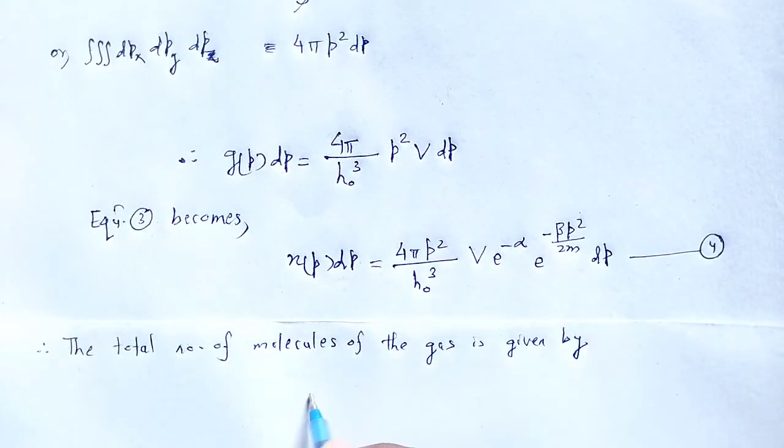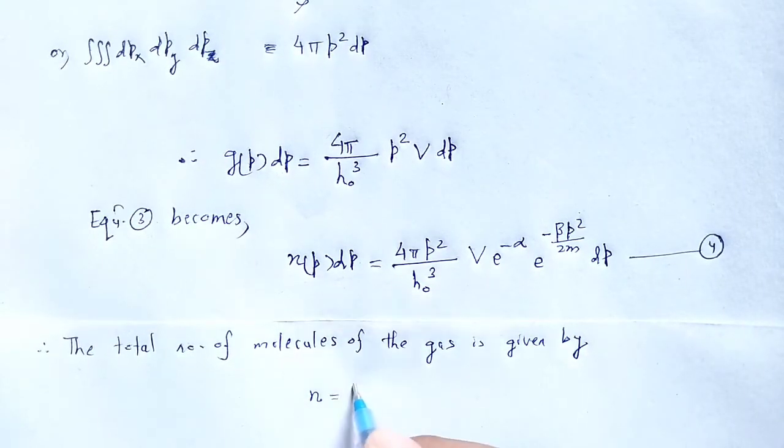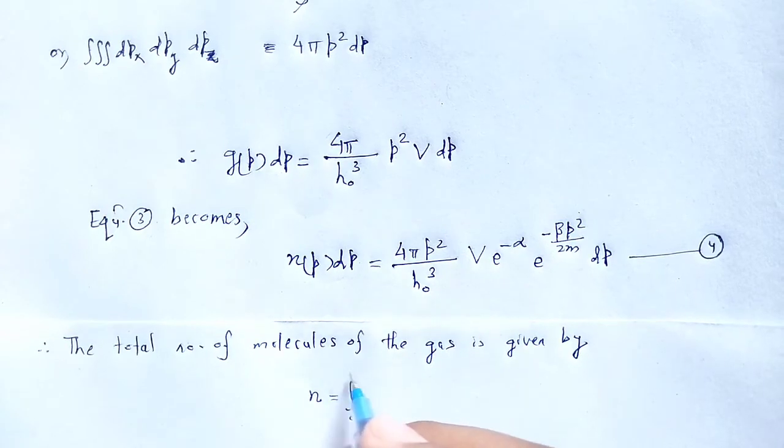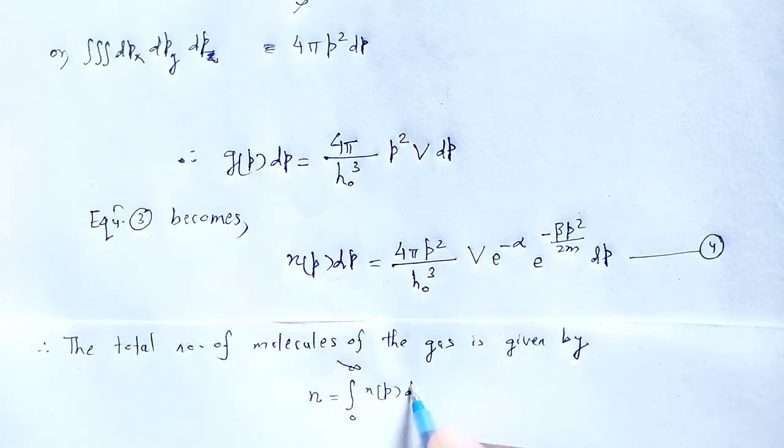So the total number of molecules n is the integration from 0 to infinity of np dp.